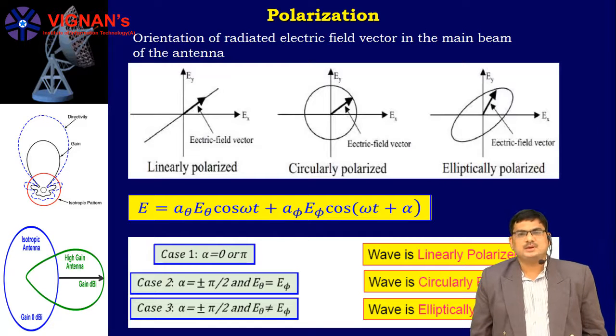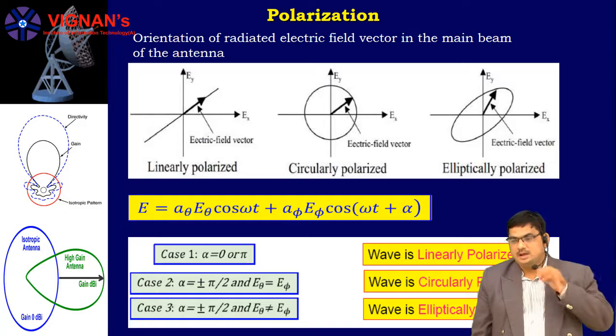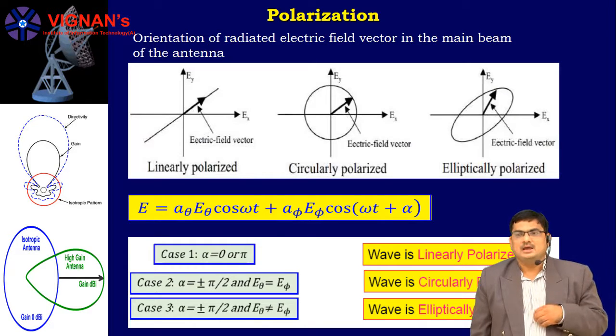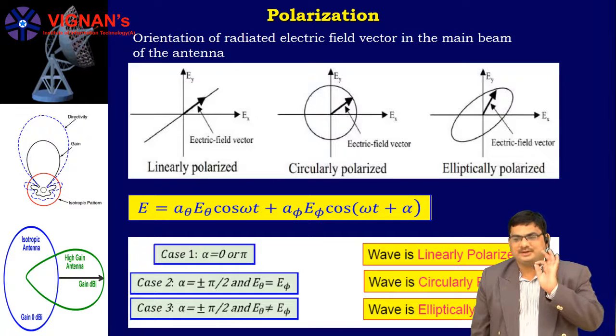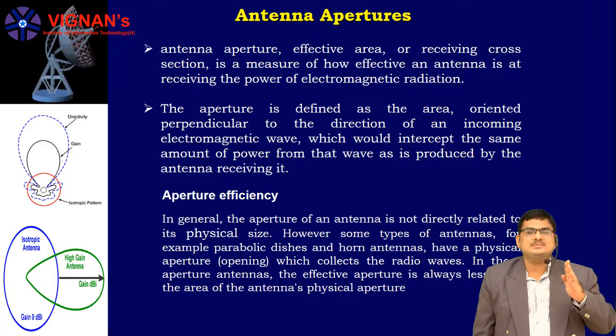So the next parameter is antenna aperture, or the effective area of your antenna. This is an important parameter for the receiving antenna, not the transmitting antenna.